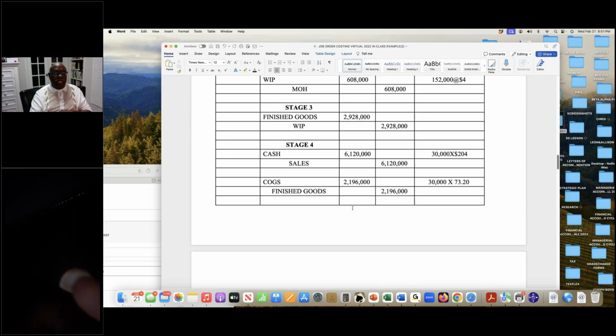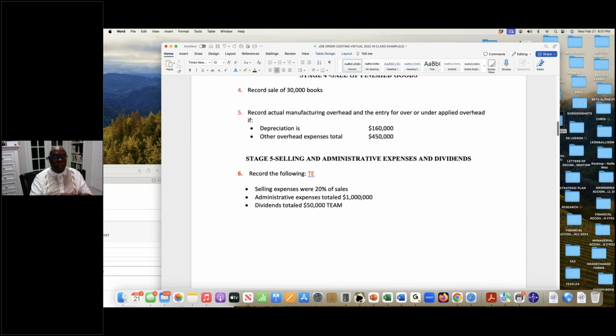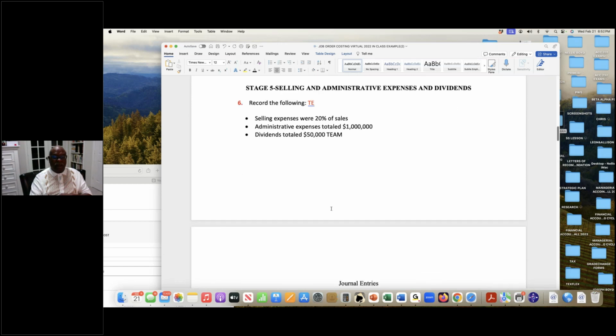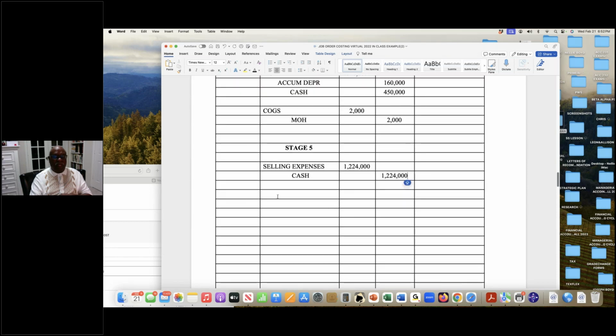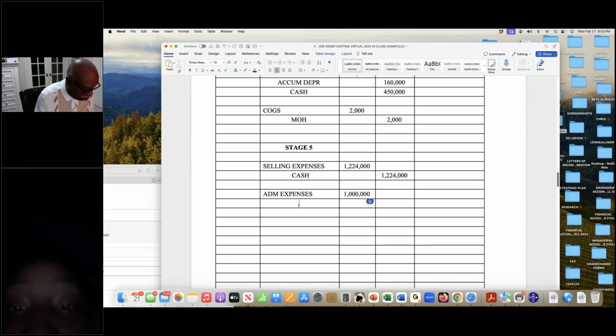Next, we record our administrative expenses, which were $1 million, and dividends of 50,000. So we simply would debit administrative expenses for $1 million. We're going to credit cash for $1 million.